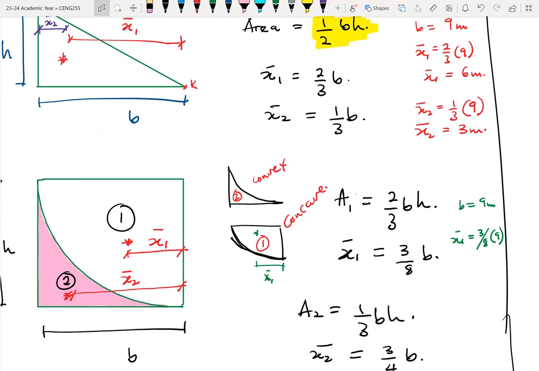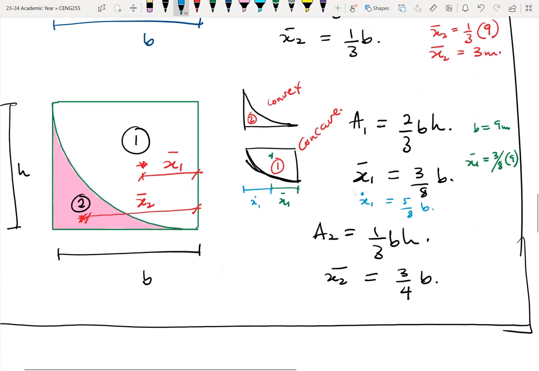Towards the left, if I call it x1 dot, it will be 5/8 times b. Just take note of it.